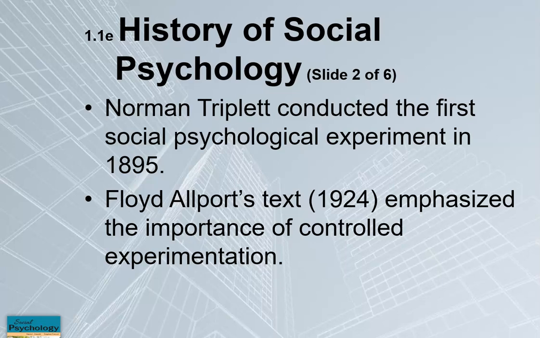And still in the 1800s, Norman Triplett conducted the first social psychological experiment in 1895.